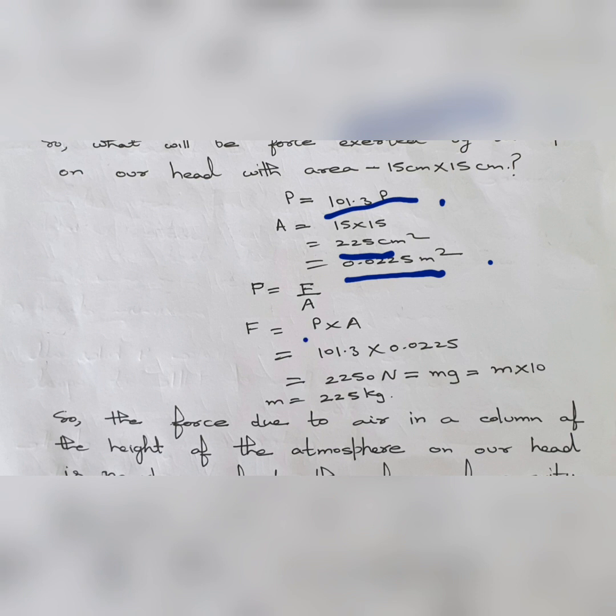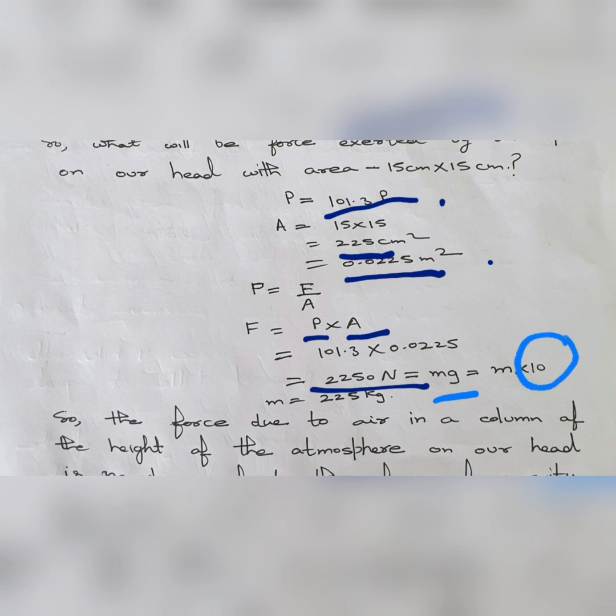Put these two values in the formula. Force will be equal to pressure into area. So 101.3 into 0.0225, we will get the value of force, 2250 Newton. And we know that force is also equal to mg. The value of g is constant, 10 meter per second square.